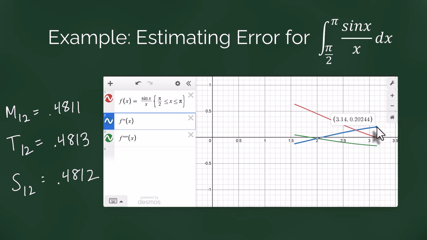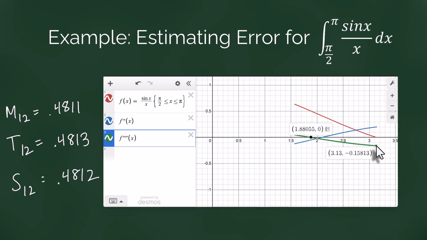And then clearly for our green graph, the smallest value here is negative 0.158. So for this fourth derivative, it's going to be positive because we're doing the absolute value. So we'll use 0.2 as our bound for the fourth derivative in Simpson's rule.